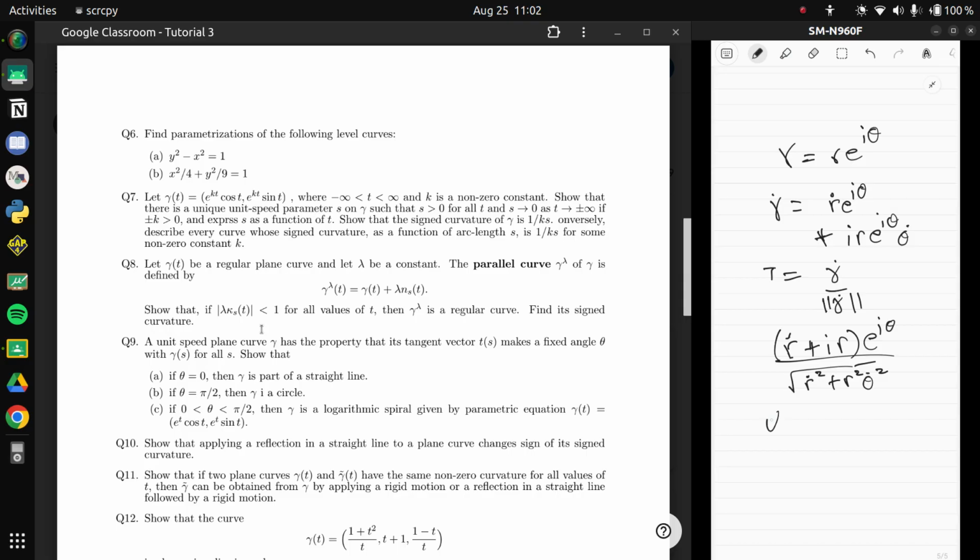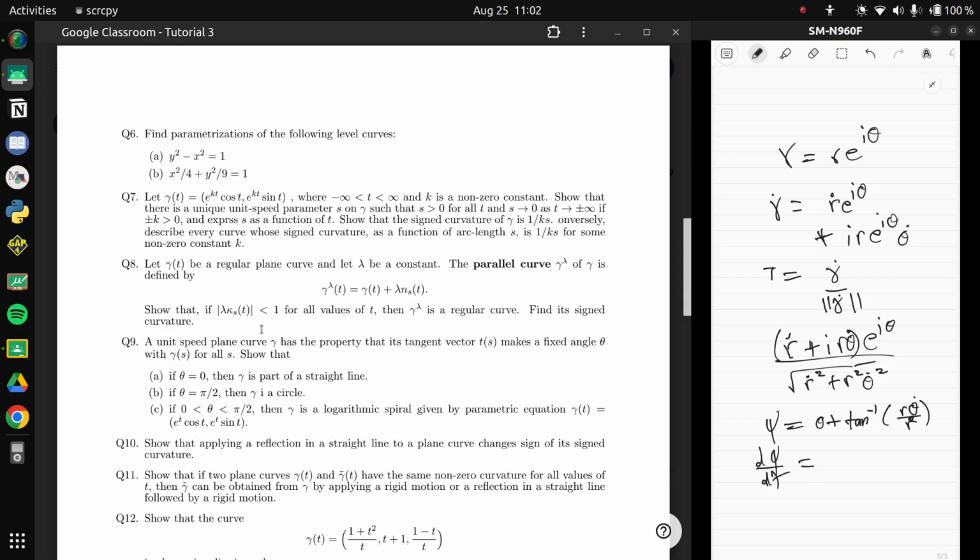So what's psi? Psi is going to be theta plus the tan inverse of, this is all just magnitude, it doesn't really matter, it's r theta dot upon r dot. So you want d psi upon ds, or for our case just dt.